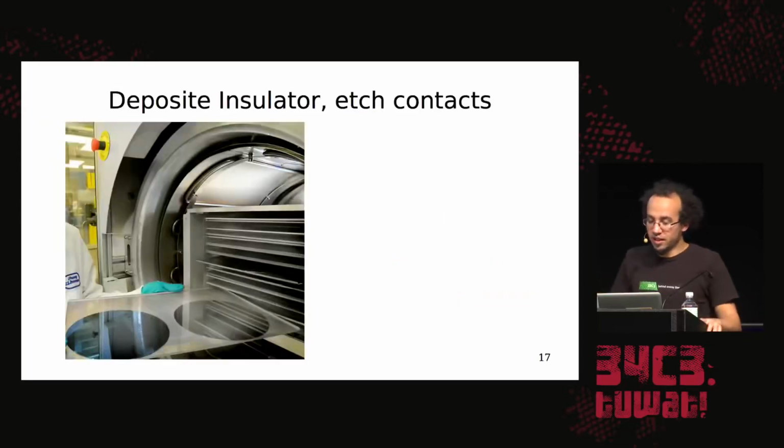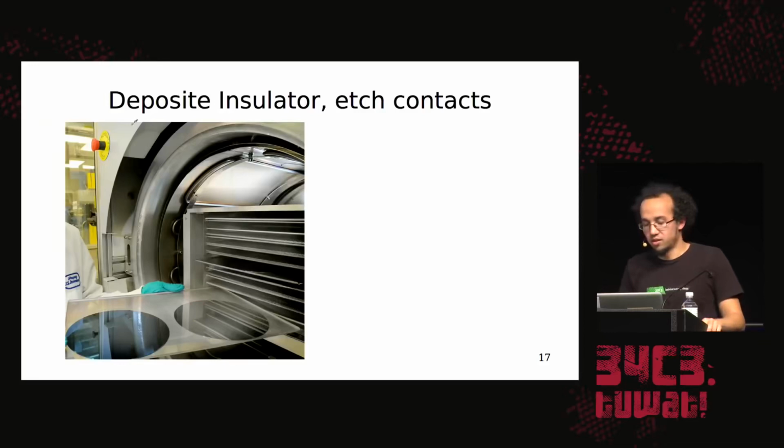Now we are nearing the end of the fabrication. Up until now, we have working transistors, but they are not connected anywhere. And well, they are not very useful if they're not connected, so we want to place metal. But until now, there are conductive parts exposed everywhere, so first of all, we are depositing some insulator.